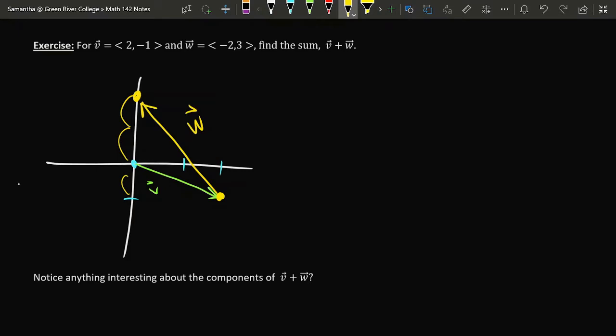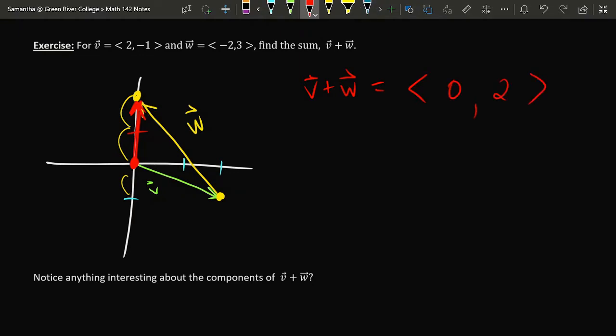Now the sum of these two vectors is the one that goes straight from the origin to the arrowhead of w, drawn in this manner. So v plus w would be equal to the red arrow in this picture. Now from the picture, we can actually determine the components of v plus w.